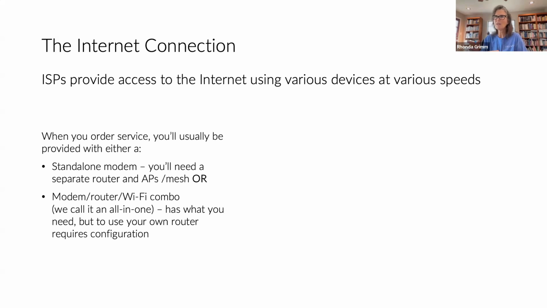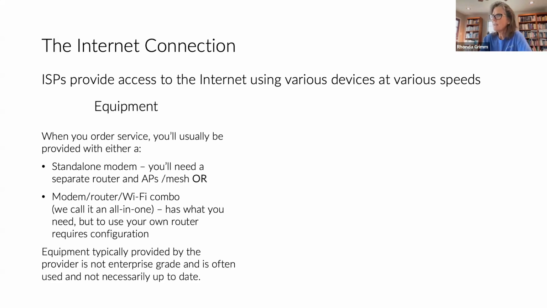It has the router, the modem and the Wi-Fi access. Trouble is, they're rarely, if ever, enterprise grade, and they're often not up to date in terms of technology, and often refurbished and not necessarily up to the demands of the networks today.